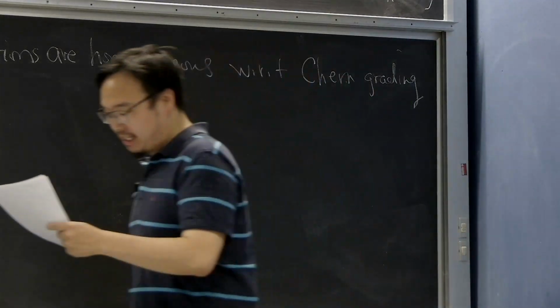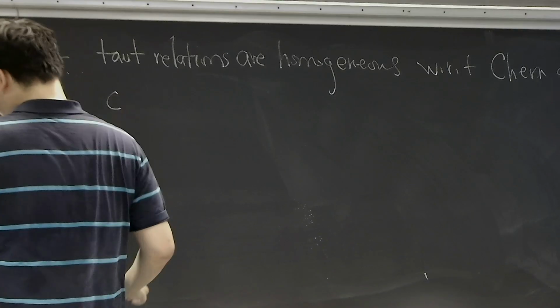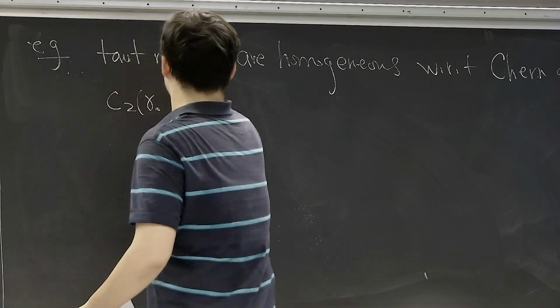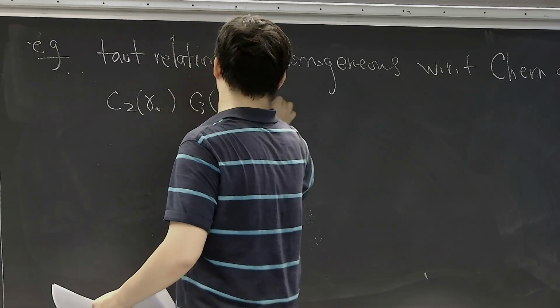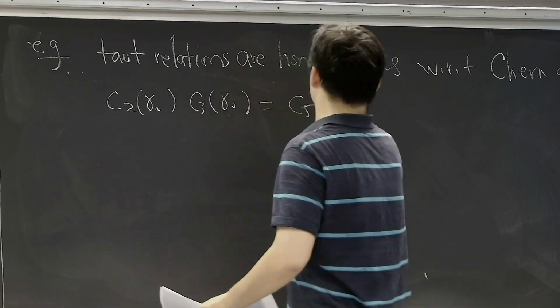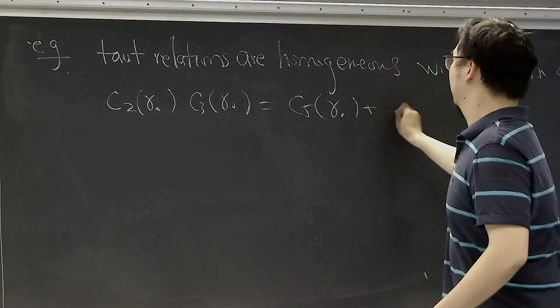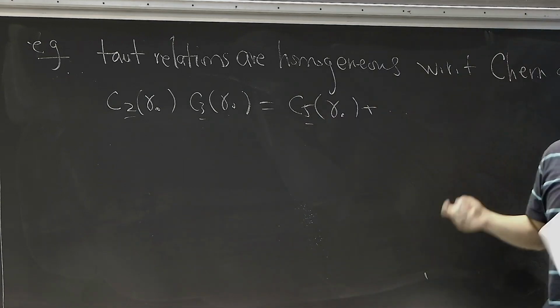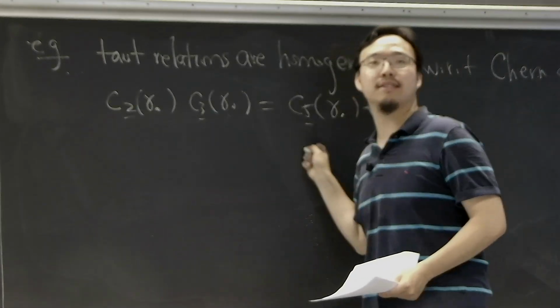In other words, every relation is of the form like c2 of some gamma and c3 of some gamma is equal to c5 of some gamma. So if you count the Chern grading, it's always 5. So the relations for the Hitchin space are generated by ideals like this.